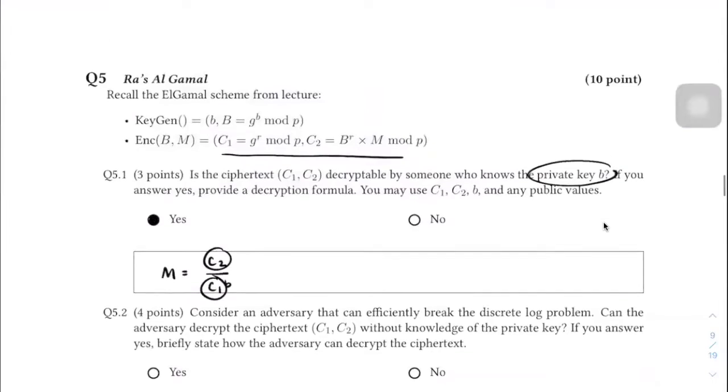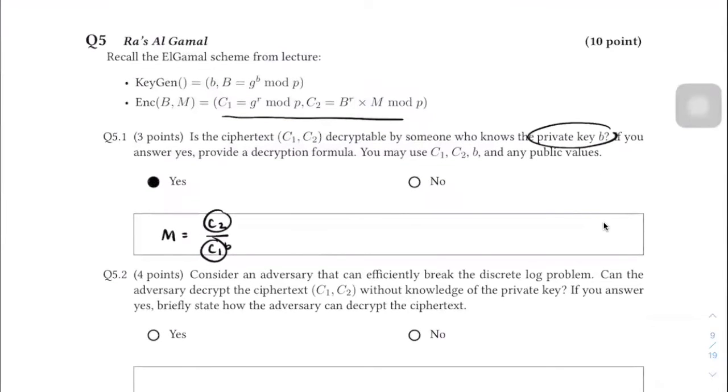Assuming that the channel Alice and Bob were communicating through was public and insecure, anyone can see C2 and C1. But what makes this a secure scheme is that B is something only Bob knows. So when this B gets compromised, now anyone can just generate M. The decryption formula is essentially this.